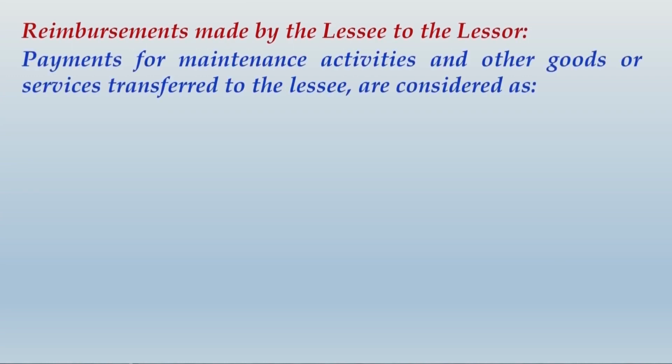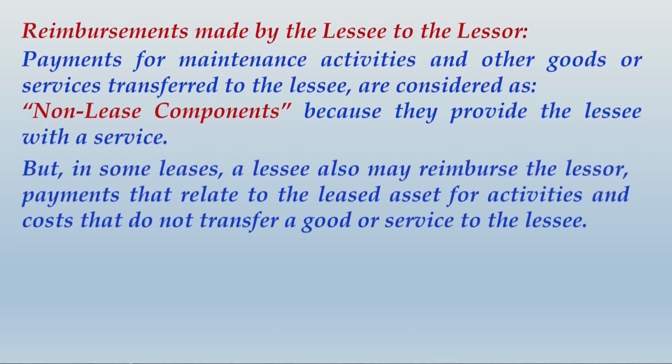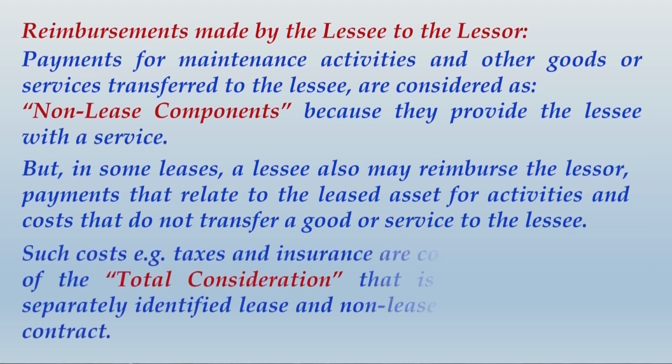Reimbursement made by the lessee to the lessor. Payments for maintenance activities and other goods or services transferred to the lessee are considered as non-lease components because they provide the lessee with a service. But in some cases, a lessee may also reimburse the lessor payments that relate to the leased asset for activities and costs that do not transfer a good or service to the lessee.